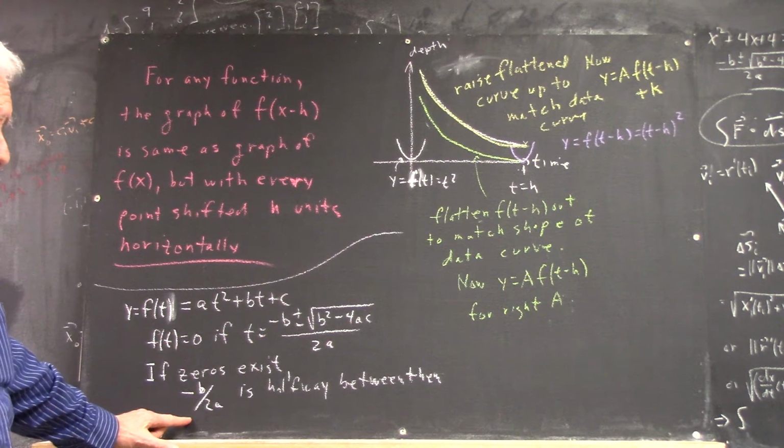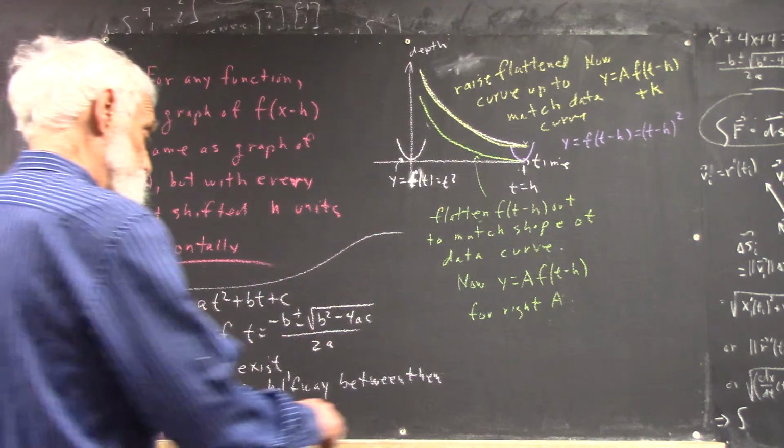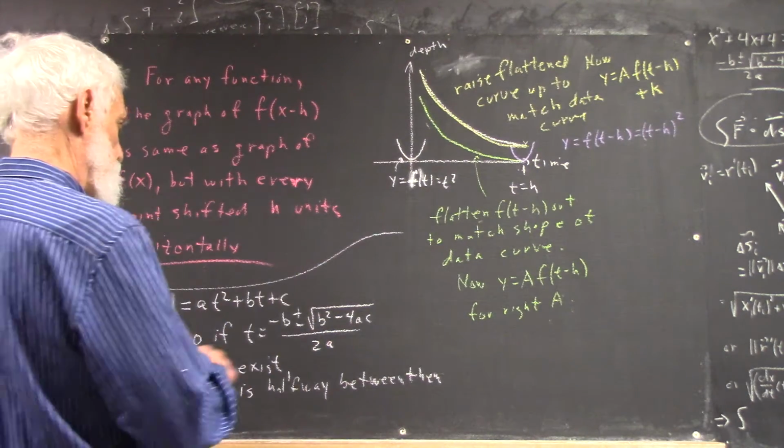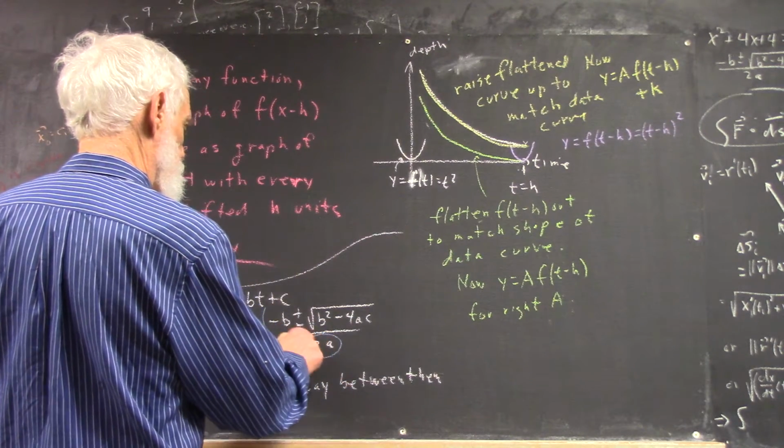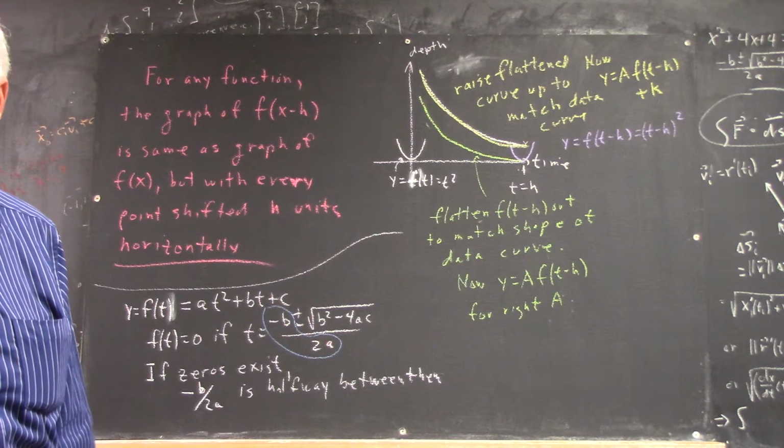Because where do you see negative b over 2a in here? Just get rid of that plus or minus and you got negative b over 2a, right?